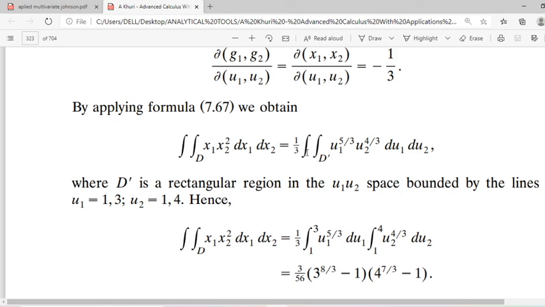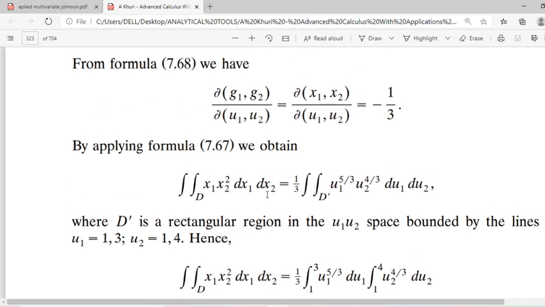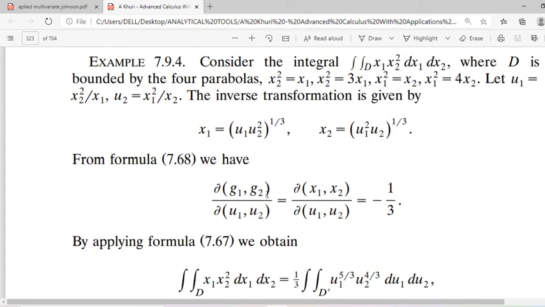You can see that D dash is the region in u1 u2 space bounded by the lines u1 equal to 1, 3 and u2 equal to 1, 4. So think about that region. What is the range of that integration? What is the range of u1? u1 is exactly x2 square by x1.